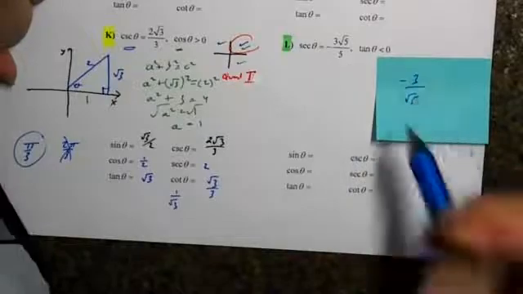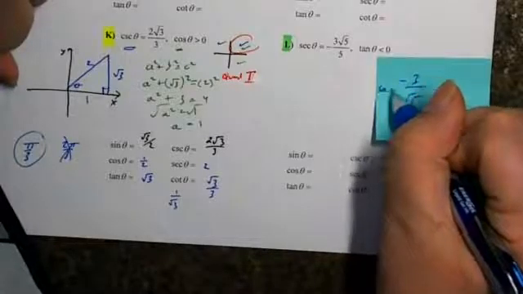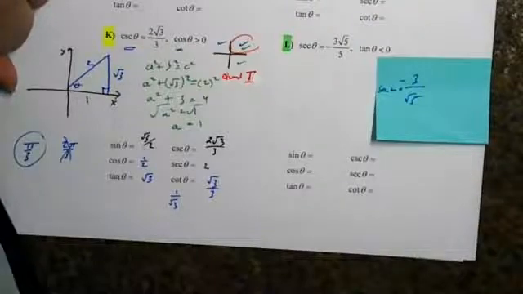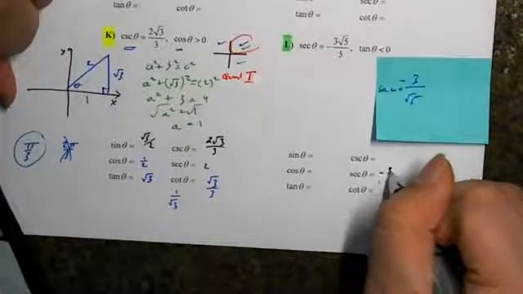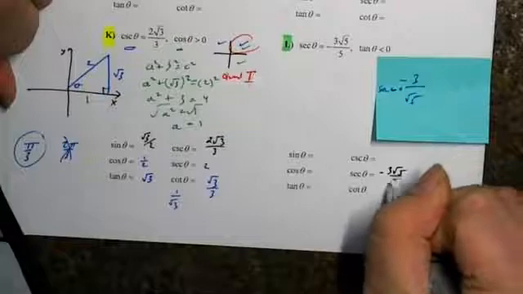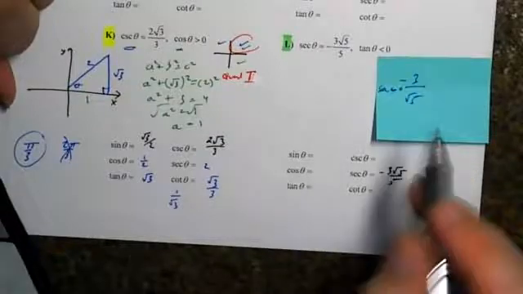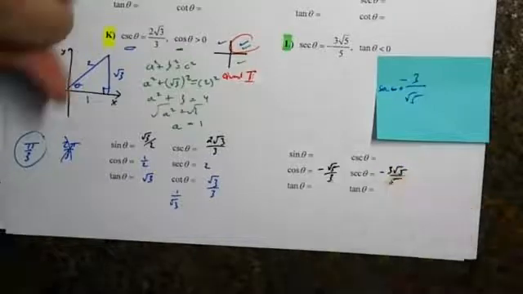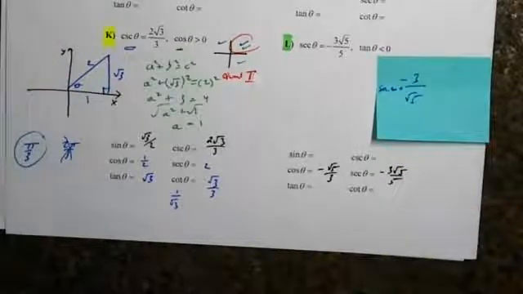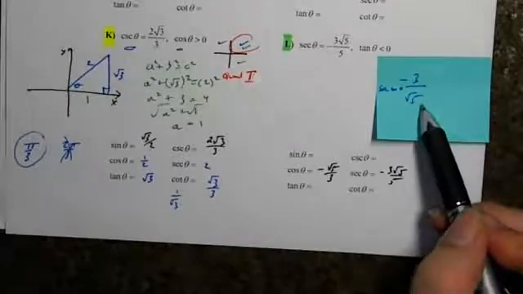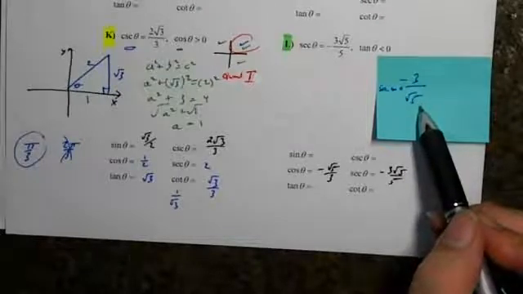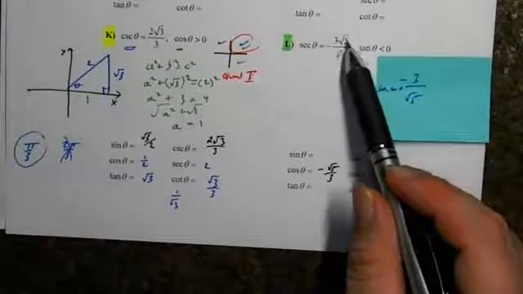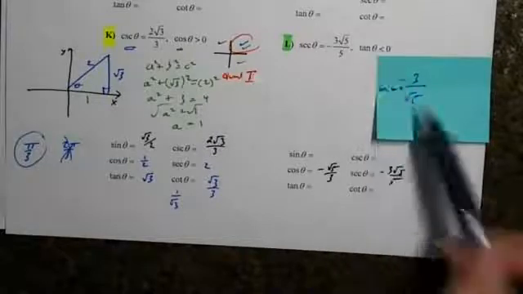So this is the secant of theta. That's where I get negative 3 square root of 5 over 5, which means the cosine must be negative square root 5 over 3, the reciprocal of this. I just saw where that came from, and it looked to me like it was rationalized, so I imagined that radical back there.